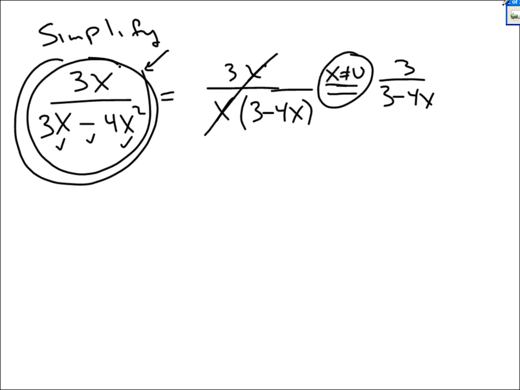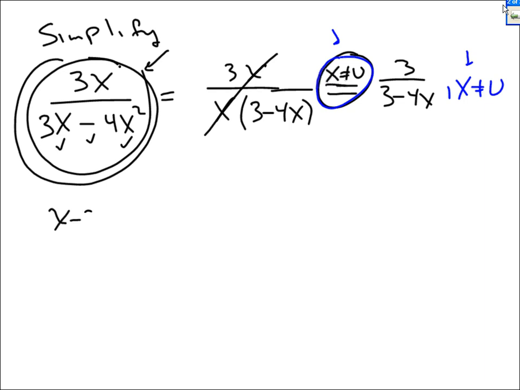Some people, instead of writing it above the equal sign, would write here, provided that x is not 0. You can put it here, you can put it there. I personally like to put it there, so it's very clear. Nobody thinks, oh, I didn't understand that. Those two sides are equal, provided x is not 0. So when they say simplify, you really have to say things like this.